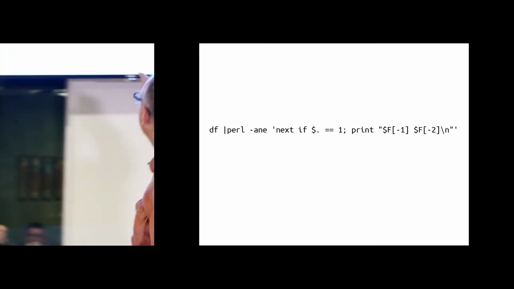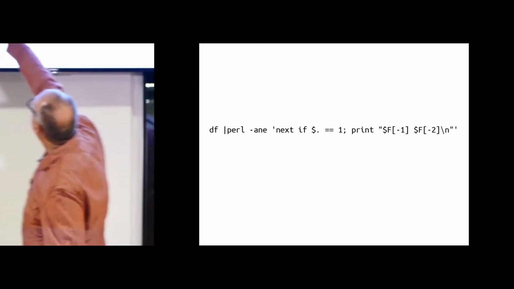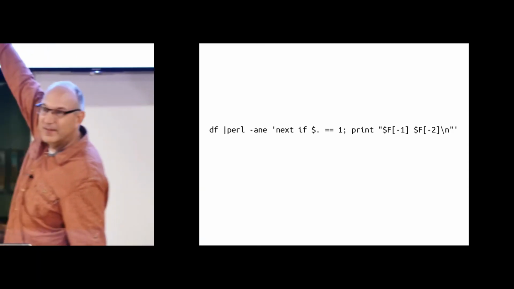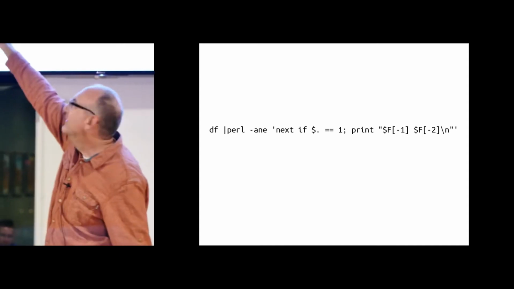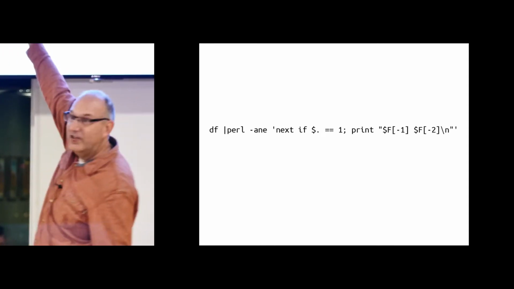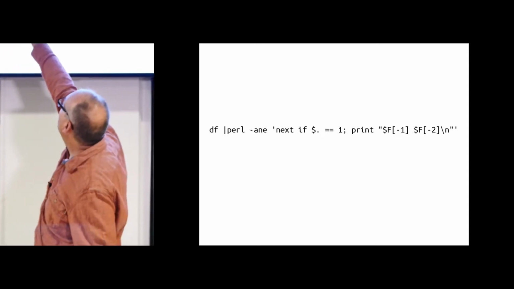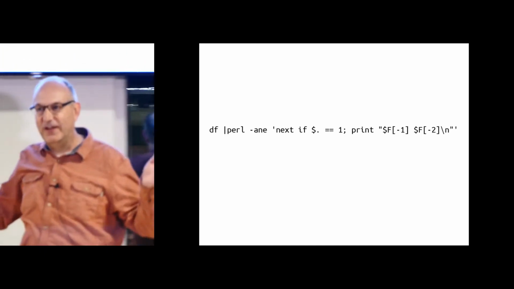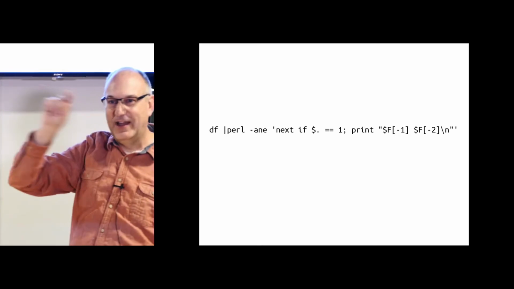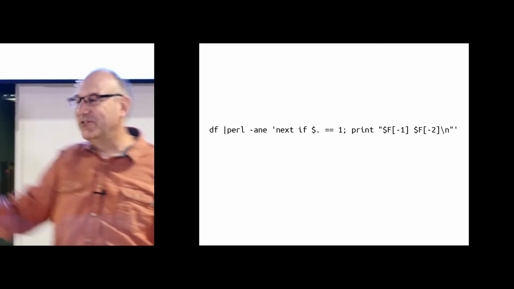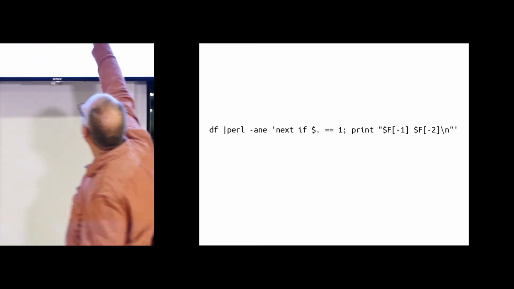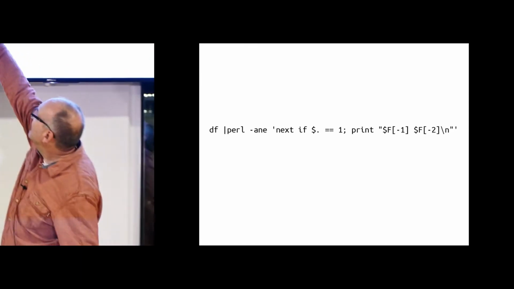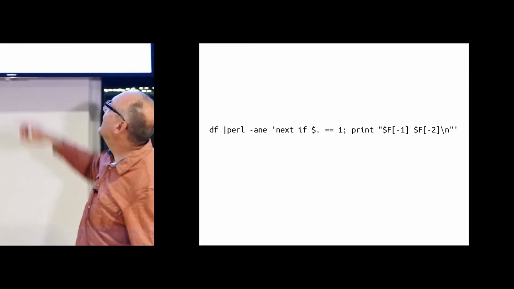So now in this, we're going to iterate on each line of df that's being piped into standard in. We're going to iterate over each line in our df, and we're going to say next if it's line 1. We don't want to process it if it's line 1 because that's your header that has the column names. But then for all of the other lines, it's automatically splitting because of -a on white space.